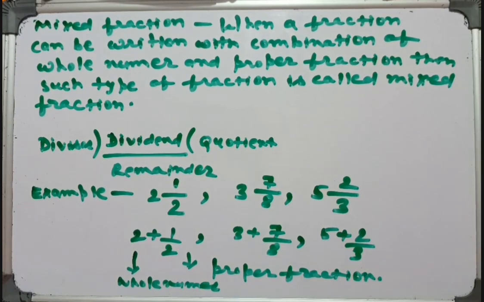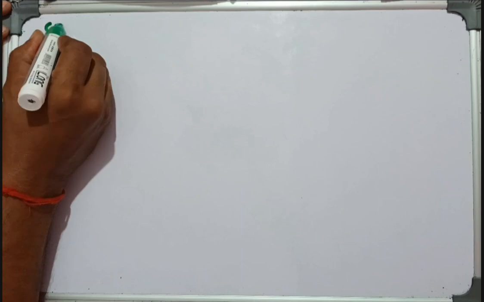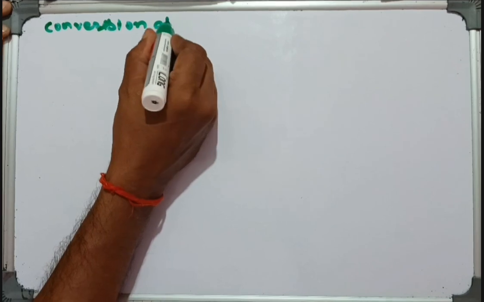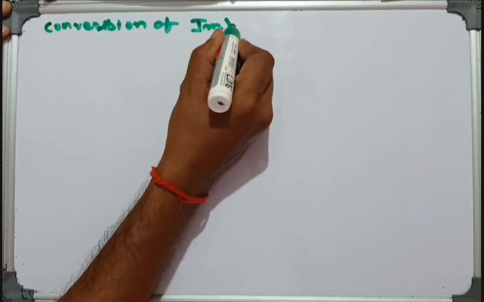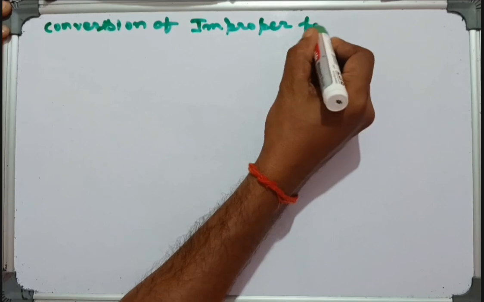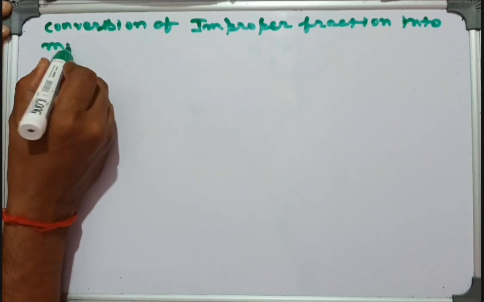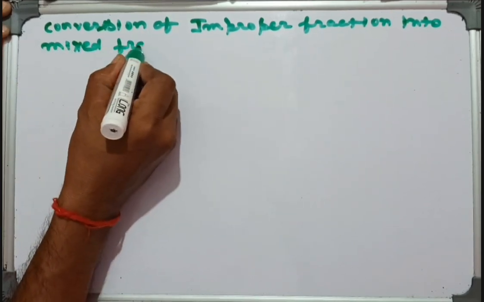So next we will see how to convert an improper fraction into a mixed fraction, then a mixed fraction into an improper fraction. Now conversion of an improper fraction into a mixed fraction.